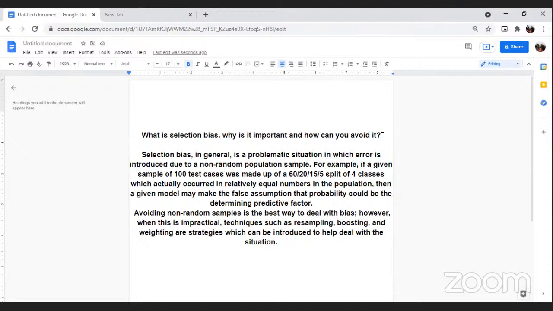Yes, Manish. This is the situation where you try to draw conclusions, but when you use a non-random population sampling, you tend to get this kind of situation.